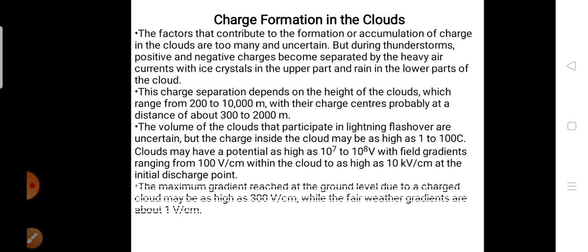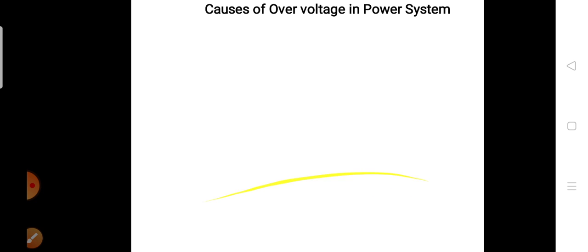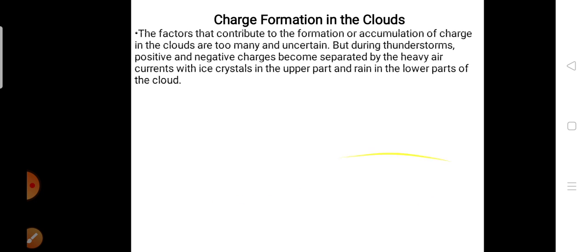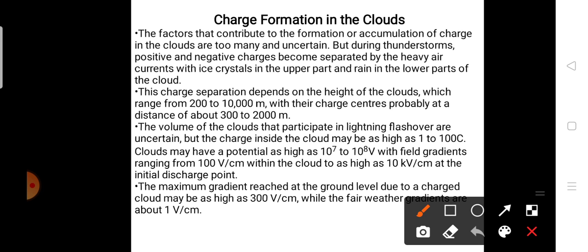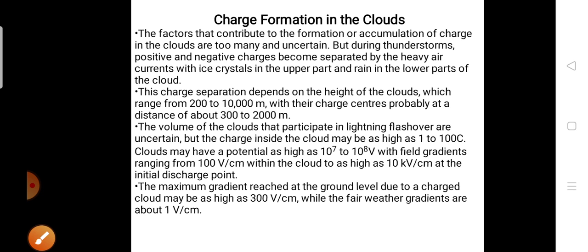The maximum gradient reached at the ground level due to a charged cloud may be as high as 300 volts per centimeter, while the fair weather gradients are about 1 volt per centimeter.